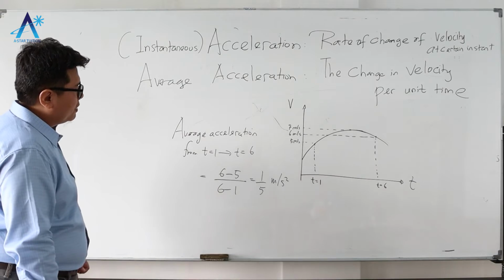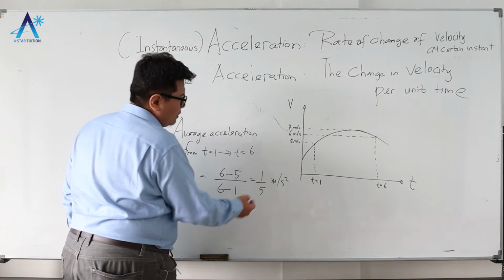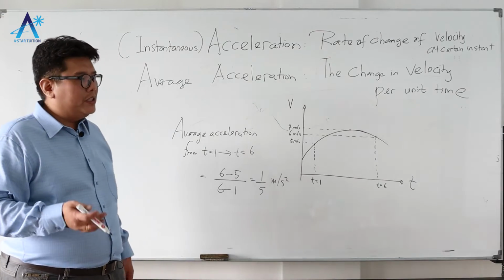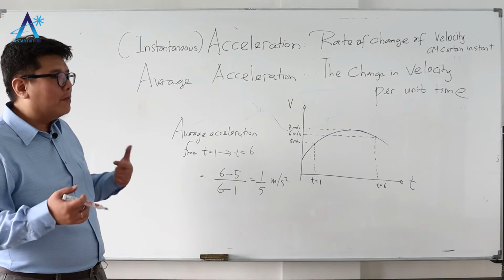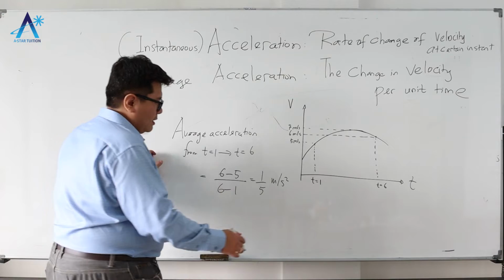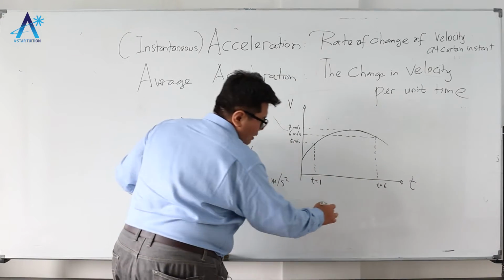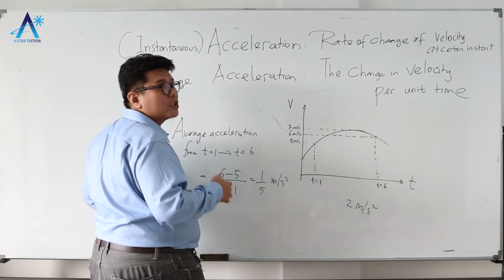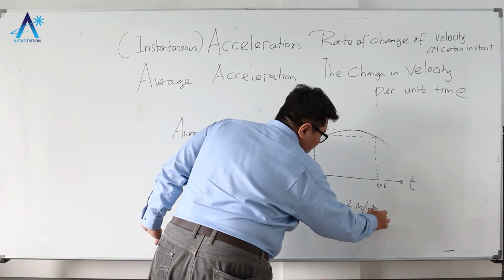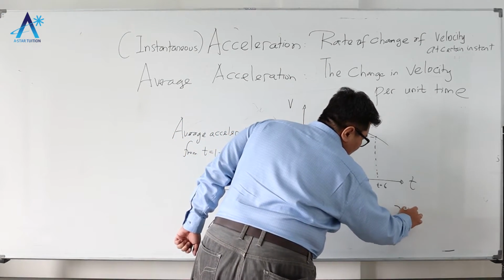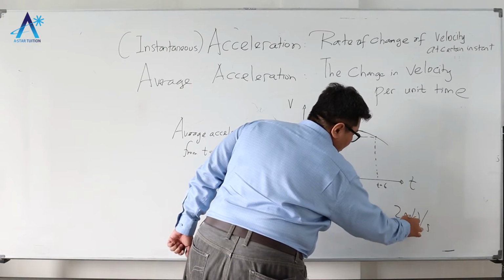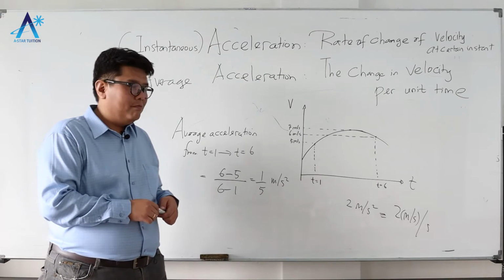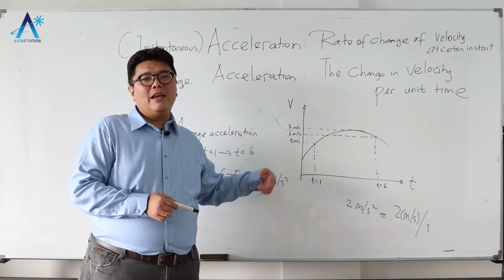So you probably noticed that the unit for acceleration is meter per squared second, which is actually the way to interpret acceleration, based on the unit. Like let's say 2 meter per second squared. Now you can understand this as 2 meter per second per second, which means that the velocity increased by 2 meter per second every second.